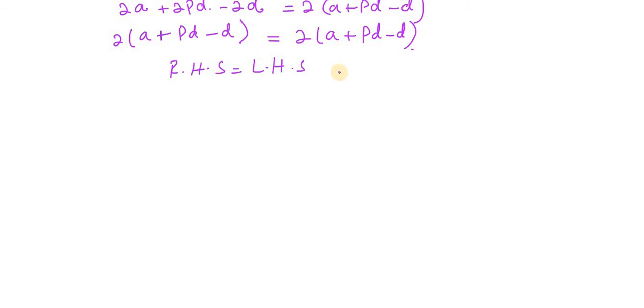Hence this is the proof that the sum of the (p plus q)th term and the (p minus q)th term is equal to twice the pth term.